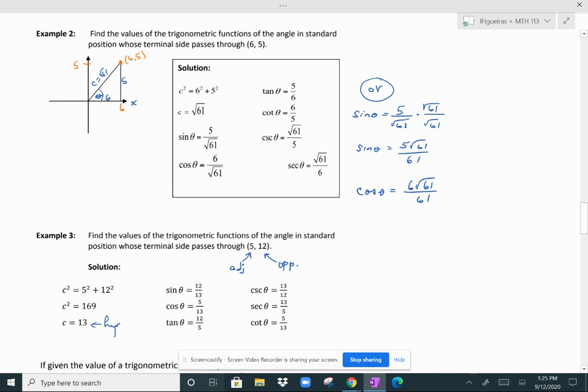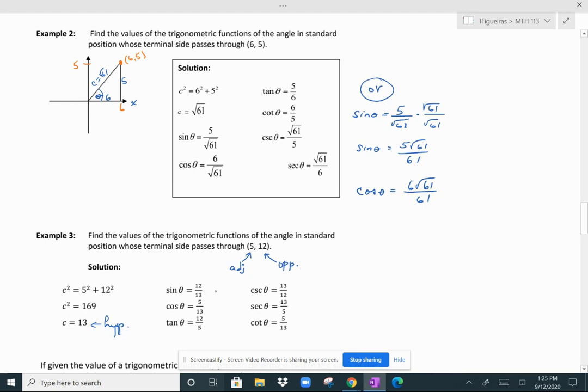So if I know the adjacent side, the opposite side, and the hypotenuse, I can definitely answer all 6 trig functions. Sine is opposite over hypotenuse, so that's 12 over 13. Cosine is adjacent over hypotenuse, so that's 5 over 13. Tangent is opposite over adjacent, so that's just these two. It's 12 over 5. The rest are just reciprocals.